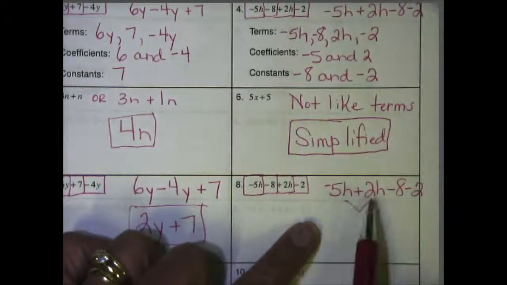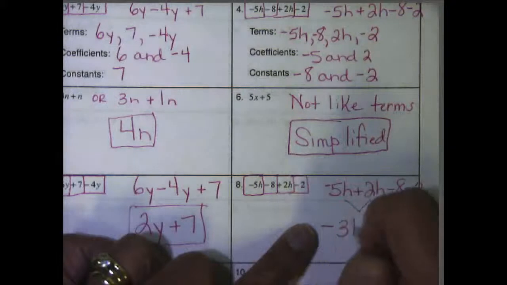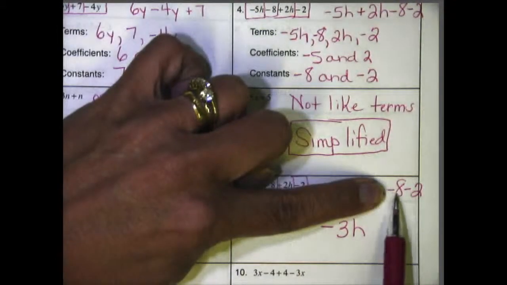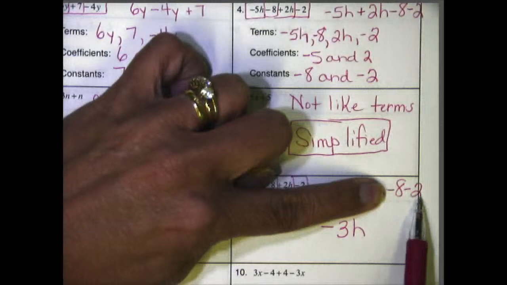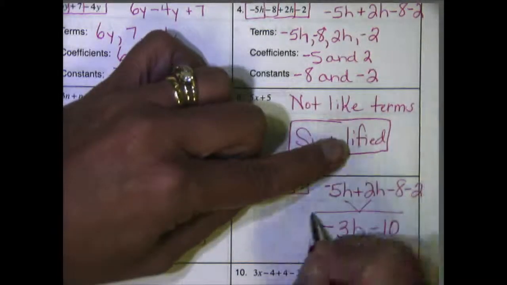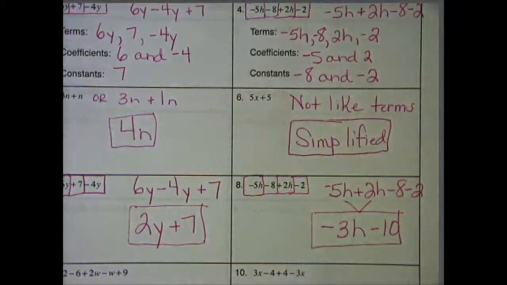So I have a negative 5 and a positive 2. Negative 5 plus 2 is negative 3. The h stays the same. Then I'm going to cover them up, and I see I have negative 8 minus 2. Negative 8 minus 2 is negative 10. I can't combine those two because they are not alike, so they're going to remain the same. Negative 3h minus 10 is your answer.